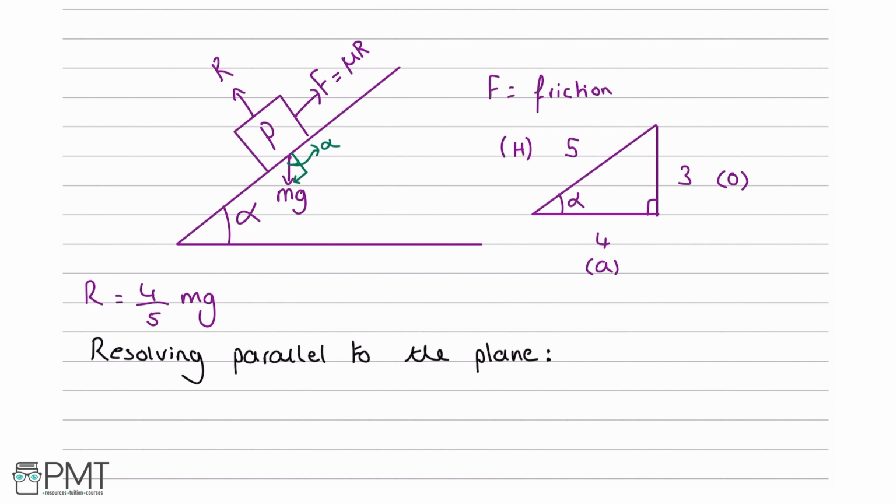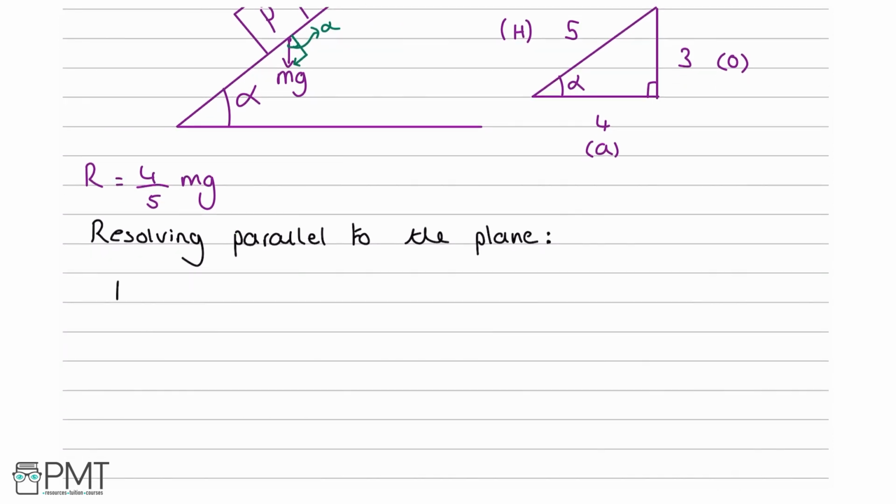So what we end up with here is that the horizontal component is mg sine alpha, okay? So what we would say is that horizontal component equals mg sine alpha.